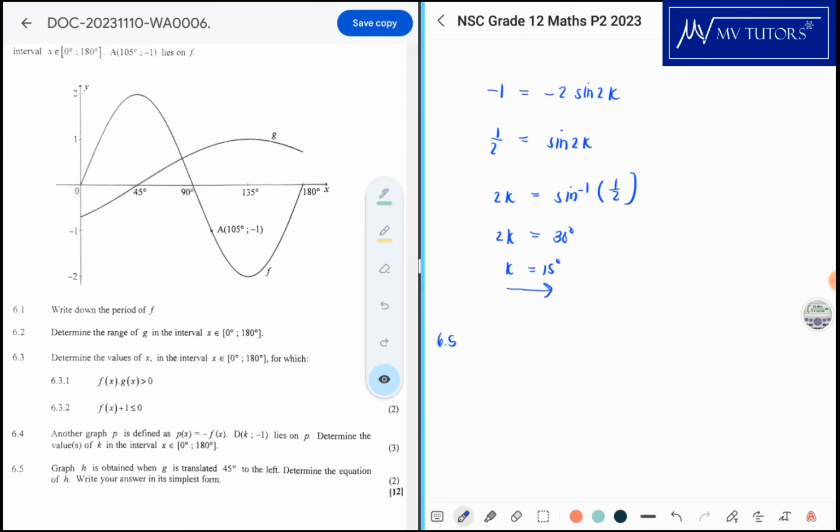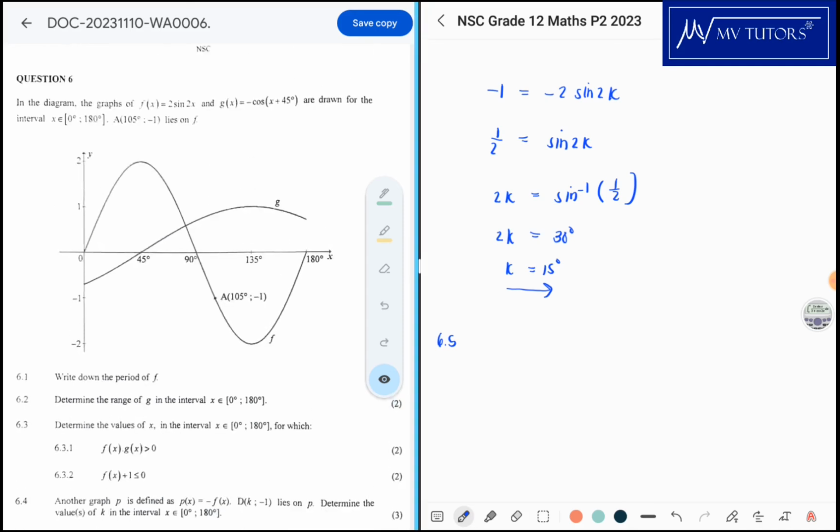6.5, it says graph H is obtained when G is translated 45 degrees to the left. Okay, so what is G again? Just to remind ourselves, G has already been translated to the left because we have a plus.